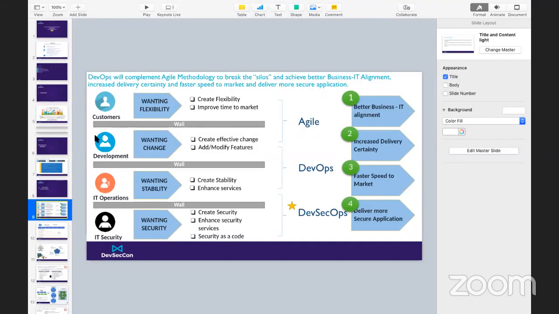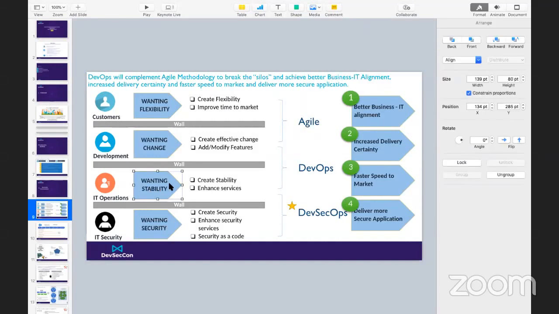Sorry. And then the DevOps era is coming, so IT operation joins them. What IT operation always wants is stability of their environment, and what they do is create the stability and enhance services.